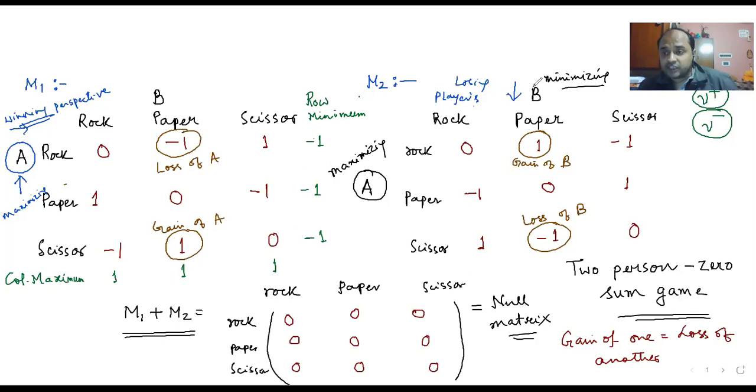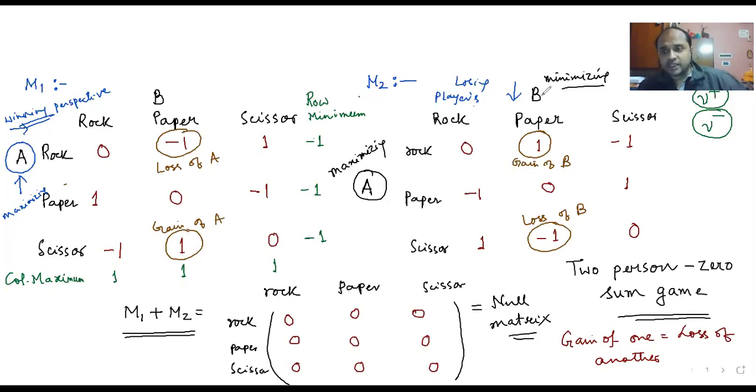But if you take this player B and put him over here, by the development of game theory and the rule set, this player B will be treated as the maximizing player if you change his position, because the developers of game theory have told us that you always put the maximizing player on the left of the matrix. Do not put him on the top of the matrix.